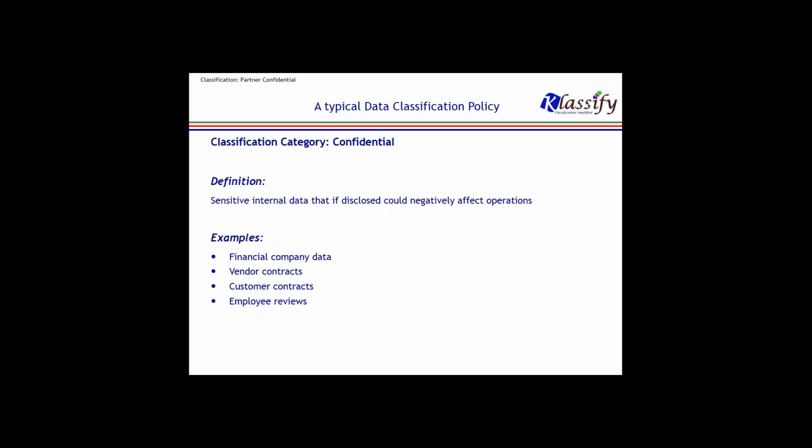From a definition standpoint, any information which is sensitive in nature, that if disclosed outside of the organization without due diligence could negatively impact the operations of an organization. Let's look at some of the examples. Financial information of an organization which doesn't have to go public.